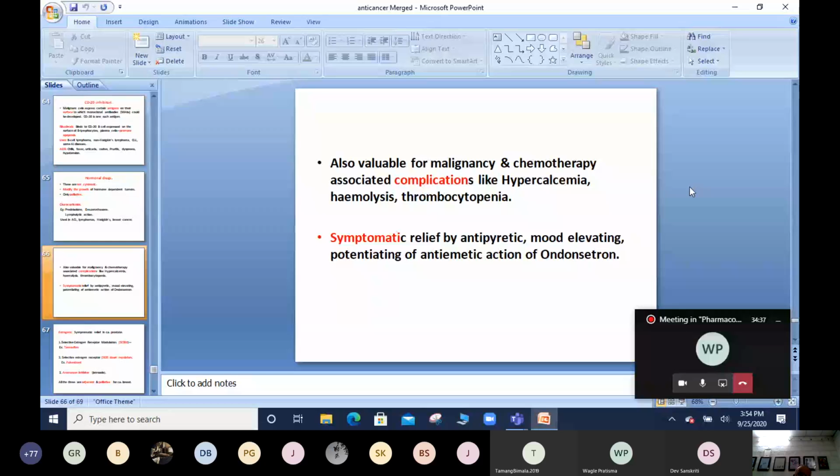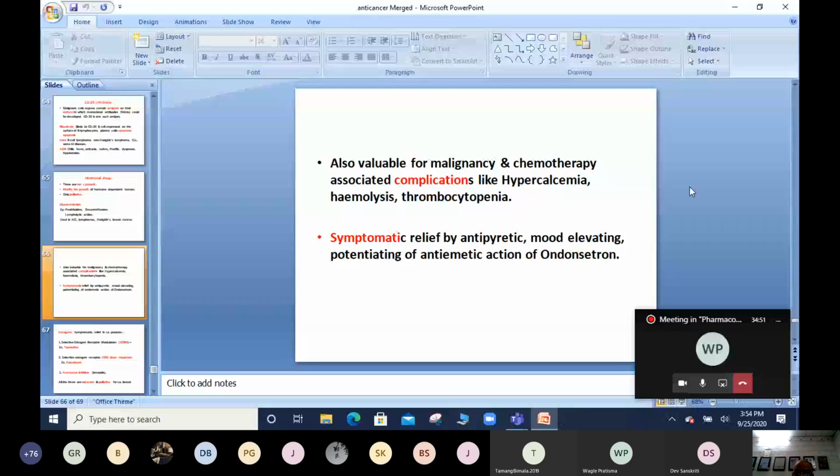For that also this is beneficial. They give symptomatic relief as antipyretic, mood elevating, and potentiation of anti-emetic actions of ondansetron. For all these chemotherapy or malignancy related complications, corticosteroids are used.